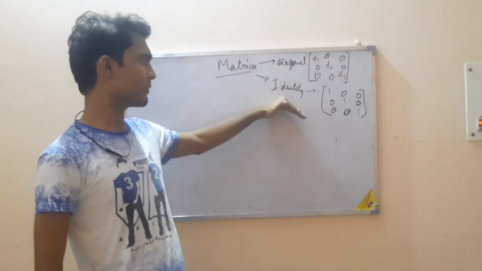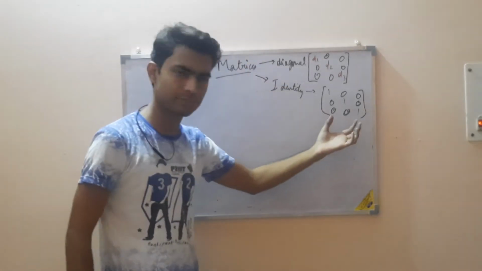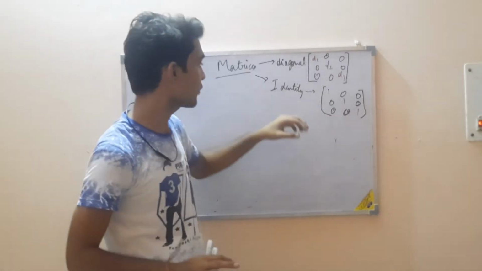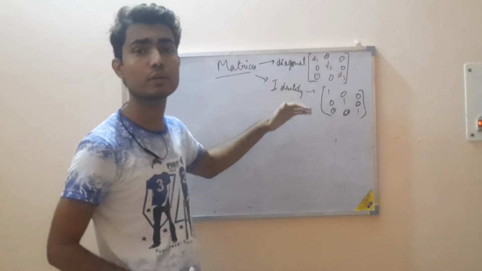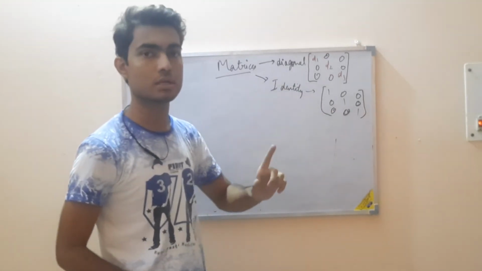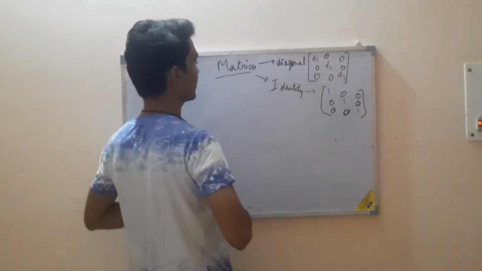Again, identity matrix and diagonal matrix are sort of similar. The only difference is that in the case of an identity matrix, the diagonal values are equal and equal to 1.